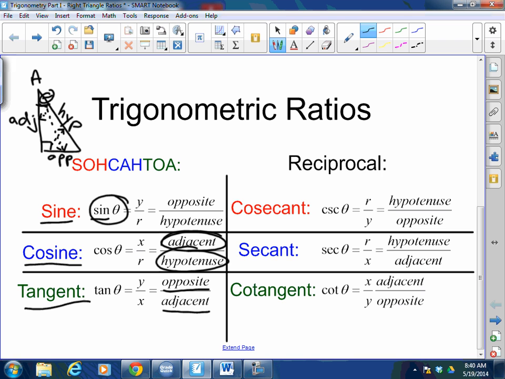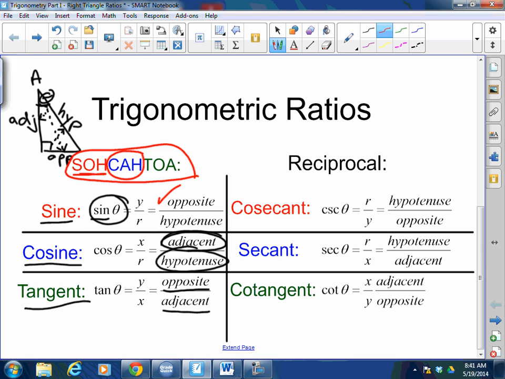Now, you may be looking at this and saying, how am I supposed to remember this? Well, that's where this little weird nomenclature comes from. It's called SOHCAHTOA. Learn it, laugh when you say it, it doesn't matter, but memorize it. SOHCAHTOA. So, opposite over hypotenuse. Check.